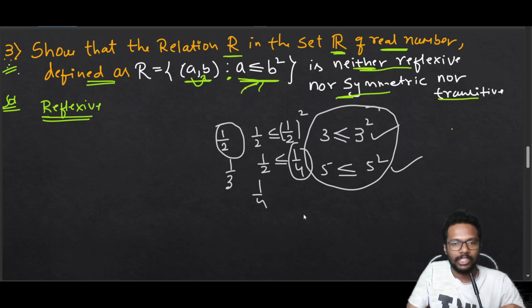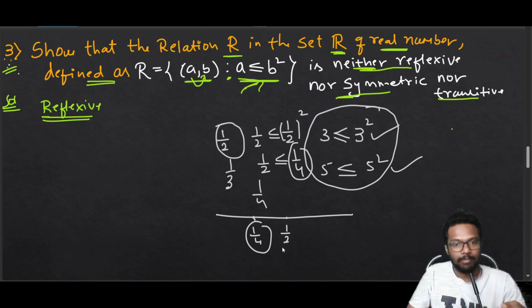On the number line, 1 by 4 is present before 1 by 2, so 1 by 4 is the smaller number compared to 1 by 2. But this relation says 1 by 2 is smaller than or equal to 1 by 4, which is not true.